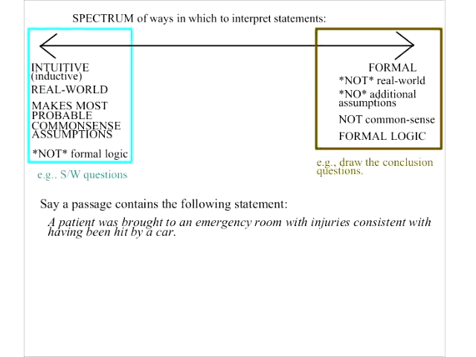It most probably means the patient was hit by a car. So if you are using this kind of thinking, if you see this kind of statement in a strengthen weaken question, with this type of reasoning, you interpret this statement as the patient was hit by a car, and you don't interpret it as maybe. That's the whole point.